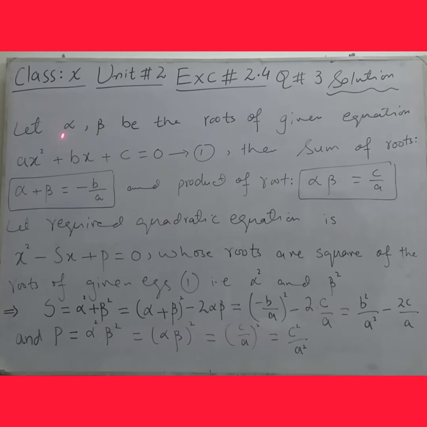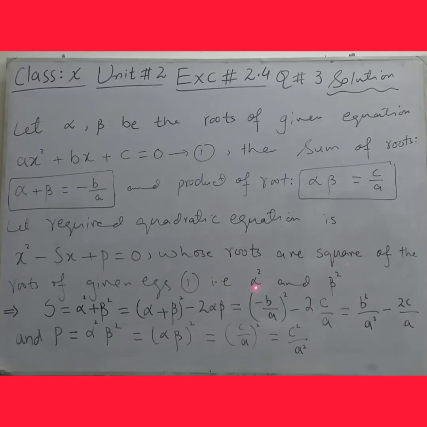If alpha, beta are the roots of the given equation, then the required equation contains the squares of these as roots, so that will become alpha square and beta square. So again, let the required equation be x square minus sx plus p is equal to 0, whose roots are the square of the roots of given equation 1, that is alpha square and beta square.